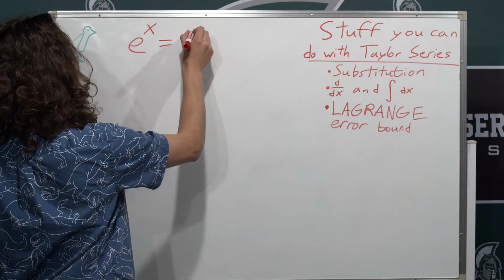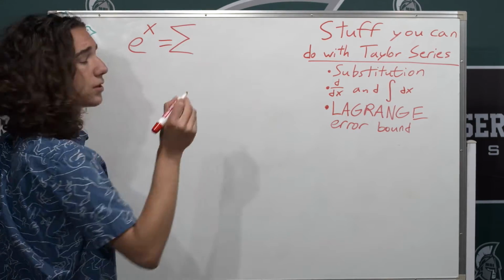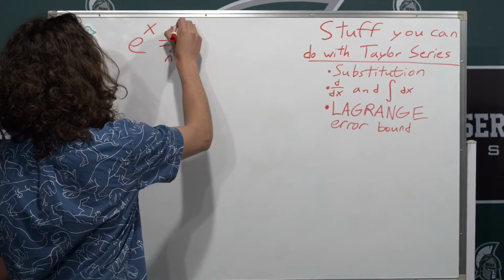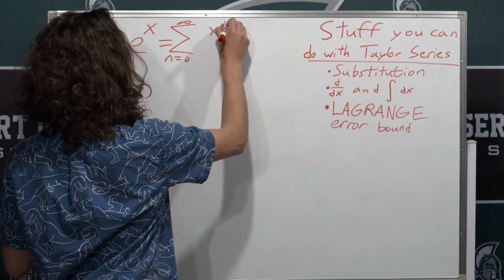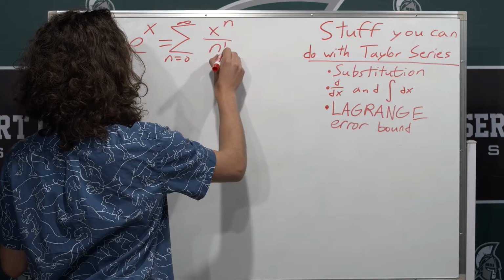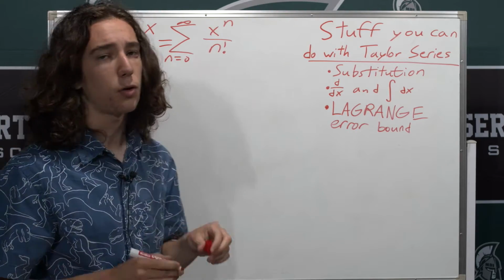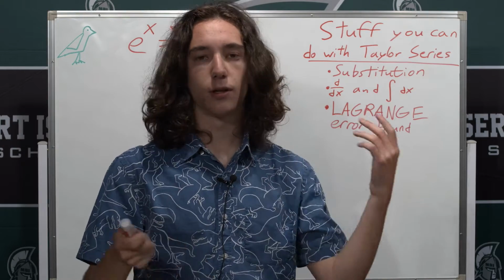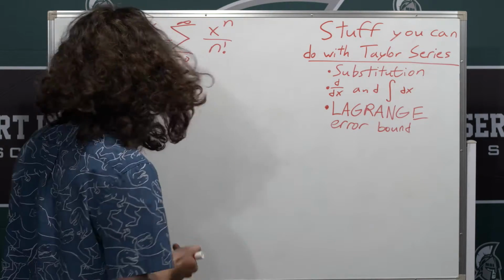We know that e to the x is the simplest Taylor series of all. It's x to the n over n factorial. So simple, so pure. But what if we want e to the x squared?